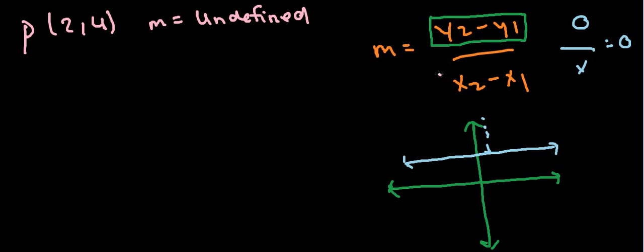When we have a slope that's undefined, that means our x's are equal and we get a 0 in the denominator. So we get some y value over 0. And in this case, our slope is not equal to 0, because you can see here that we are having change, but we can't calculate the change because it's instantaneous.